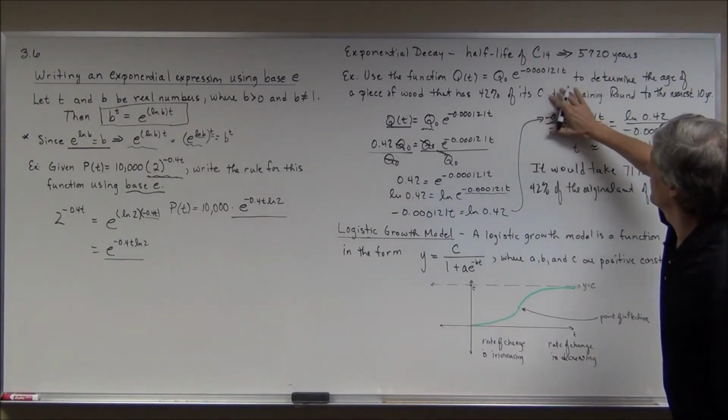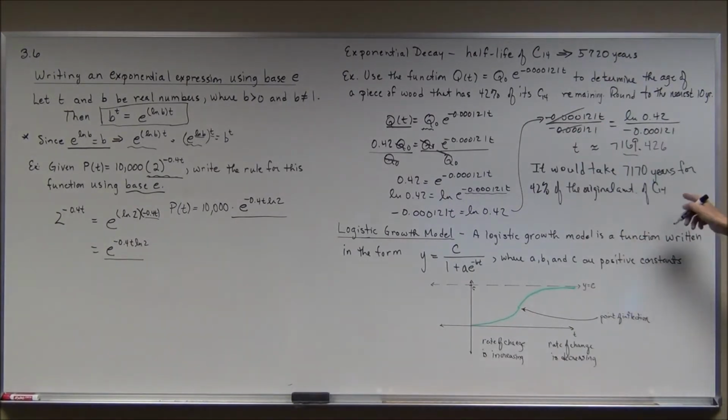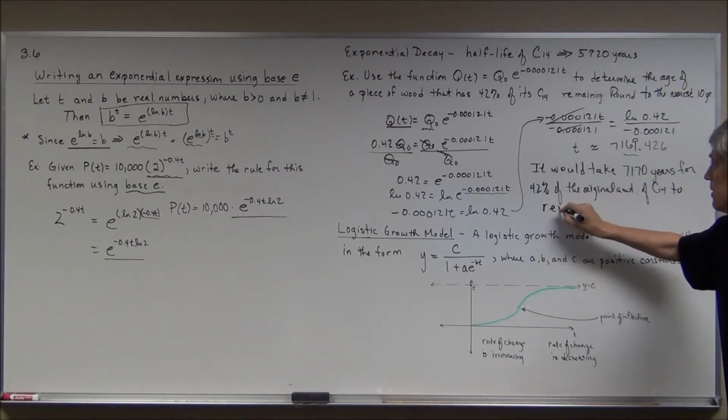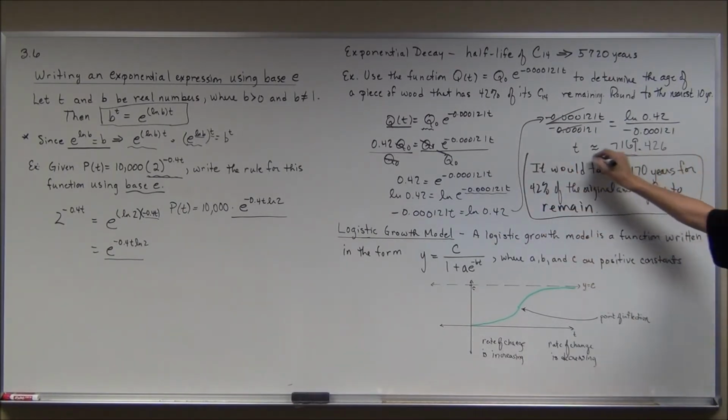I abbreviated it that way as well. I must have been half asleep when I wrote this problem out. Of carbon-14, it would take 7,170 years for 42% of the original amount of carbon-14 to remain. Okay, so there's our guy right here.